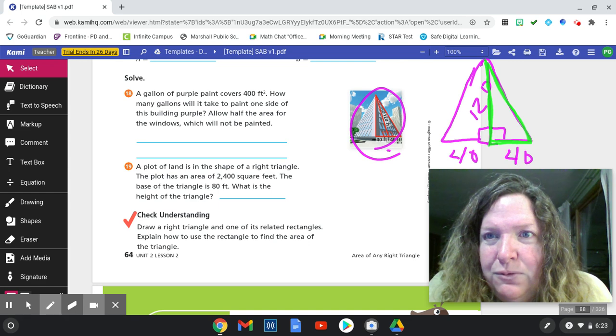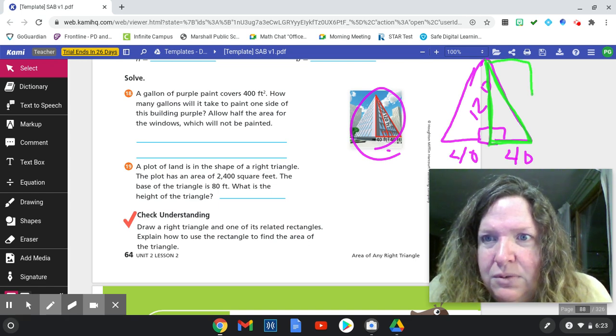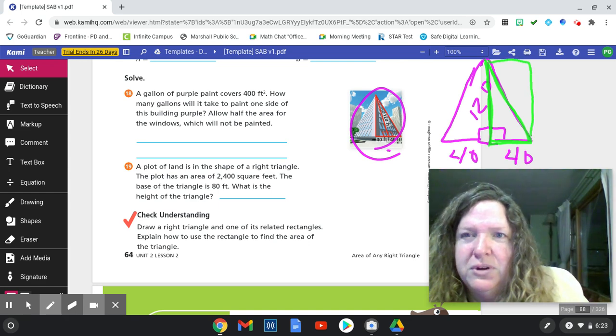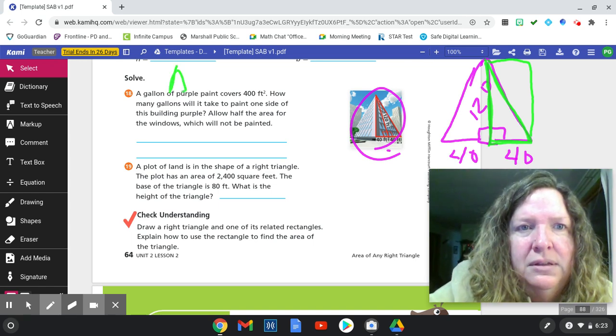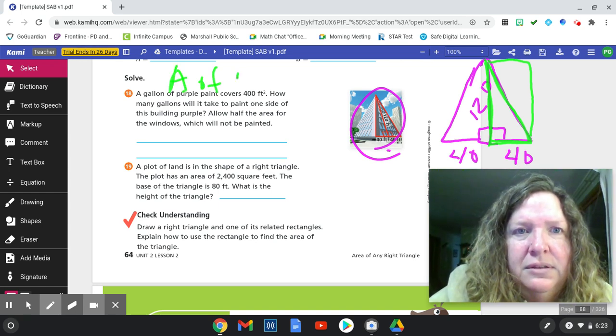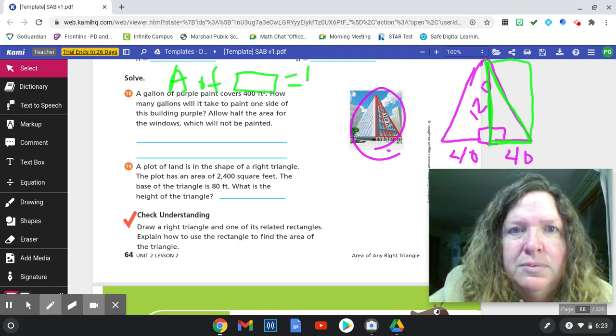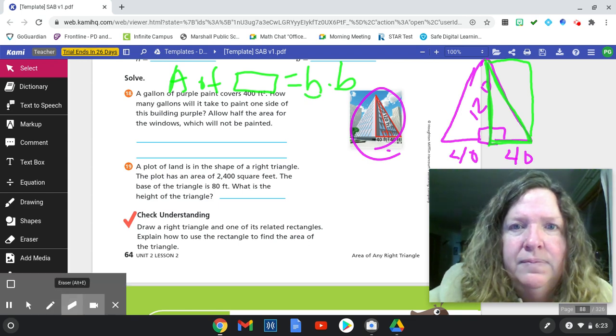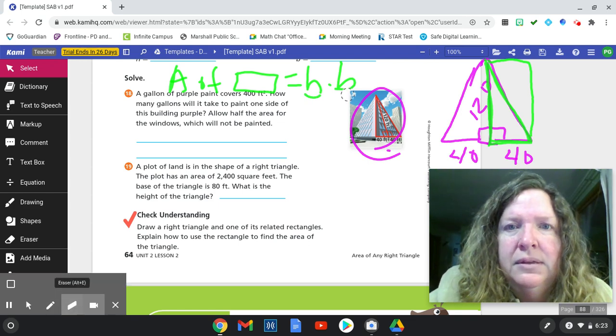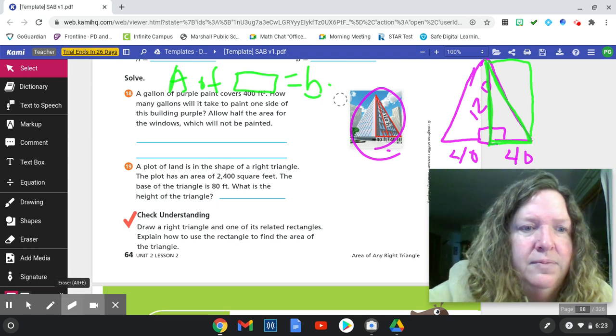Now remember, if we're going to use base times height, we've got to make it into a rectangle first. So now the area of a rectangle is base times height. Whoops, I actually did it backwards. Base times height.